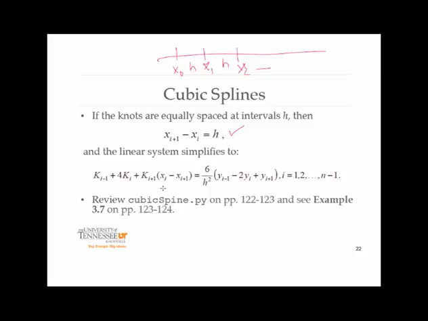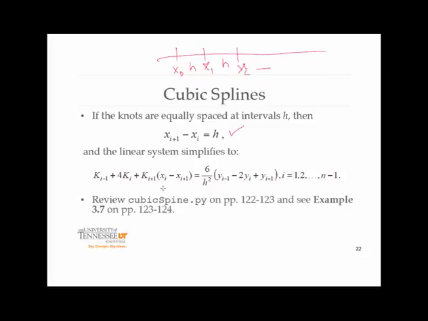So we'll next look at this Python script to produce a cubic spline for interpolating data, which comes on pages 122 and 123, and then we'll look at an illustration of its use in example 3.7 on pages 123 and 124. I will put these modules out on Blackboard for you to use and to test with.